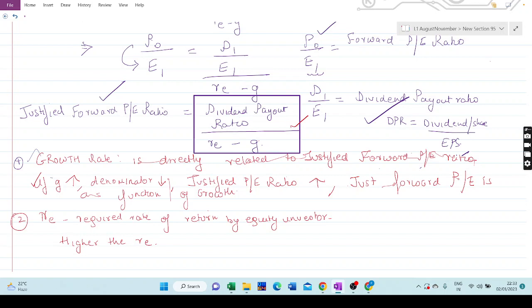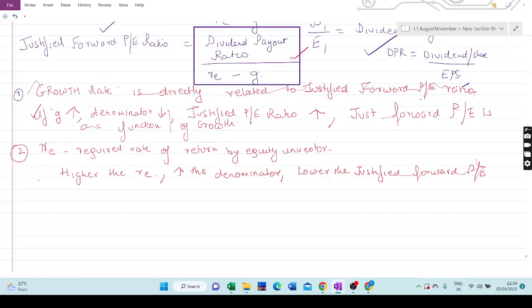Higher the denominator, lower the ratio, lower the justified forward P ratio. Right? So if investors require a lot of return from a particular stock, then its justified P ratio would be lower. And guys, please understand the conditions in which required return would be high.